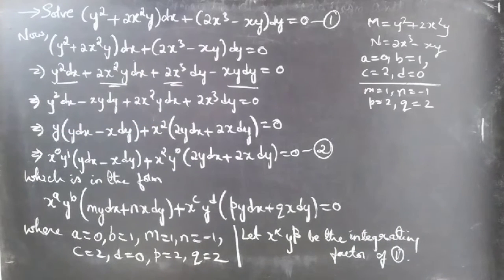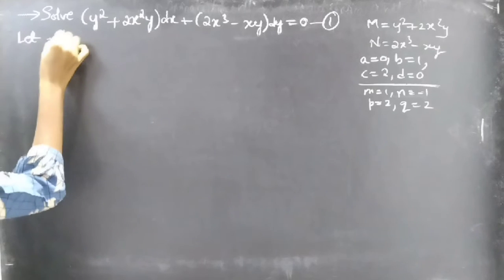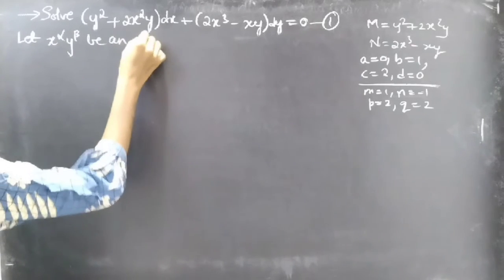Now we'll find alpha and beta, and later we'll multiply the integrating factor to the given differential equation to make it exact, and then we'll find the general solution to the given differential equation. Let x power alpha y power beta be an integrating factor of 1.